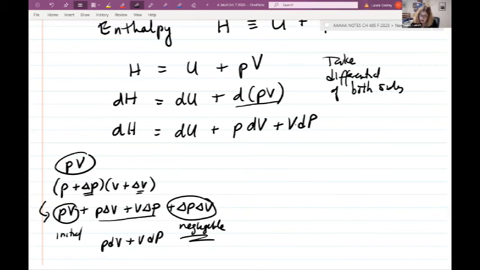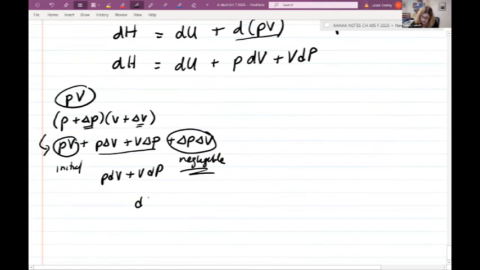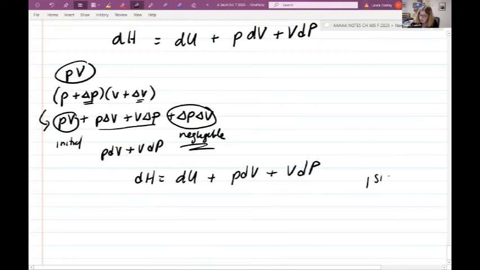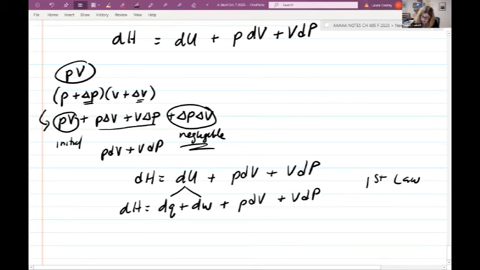Okay, so I have this form, now I have dH is dU plus P dV plus V dP. And now I'm going to use the first law. So dU is dq plus dw. Notice already I'm not putting my slashes. I still have P dV and V dP.